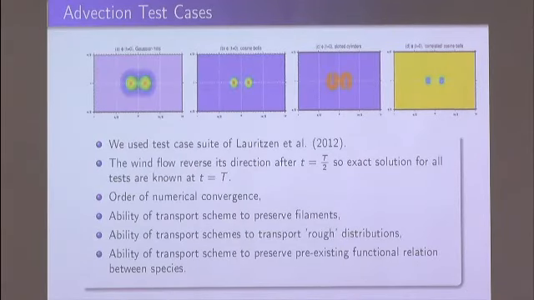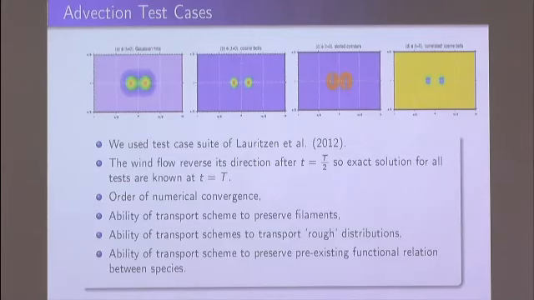To check these two schemes, I am using the test case suite proposed by Lauritzen et al. In these cases, after half of the time interval, the winds change their directions. So after the full time, everything is back to its original position, and we know the final analytic solution.